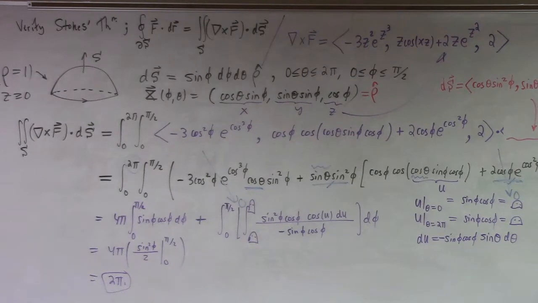The boundary of S is the unit circle on the equator, which has parameterization r of t equals cosine t, sine t, 0. And so when we evaluate the vector field at r of t, we get 1 minus sine t, 1 plus cosine t, 1, plugging in x equals cosine t, y equals sine t, z equals 0 into the formula for f.